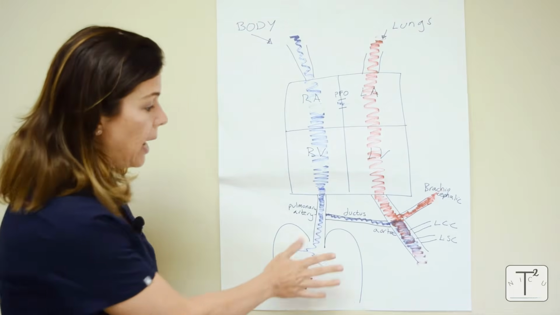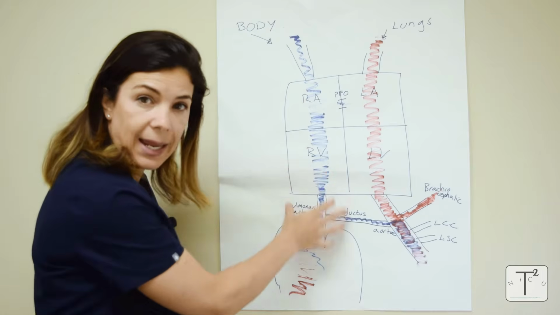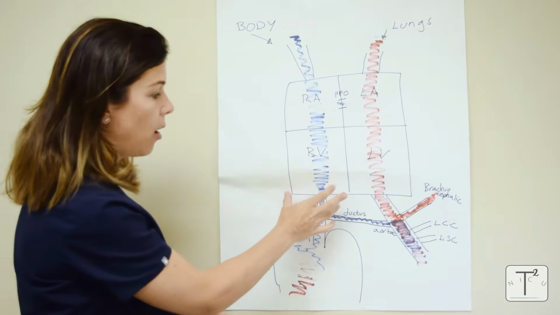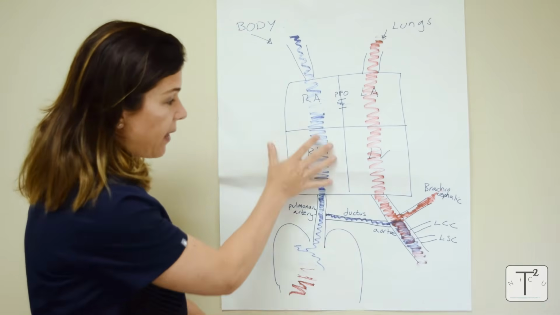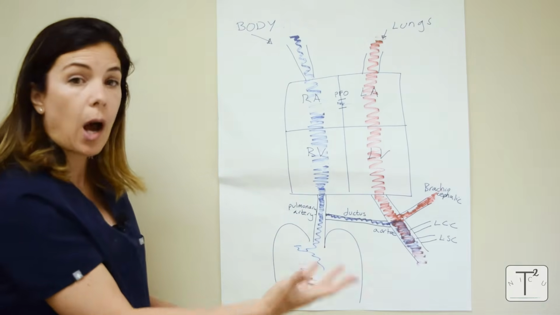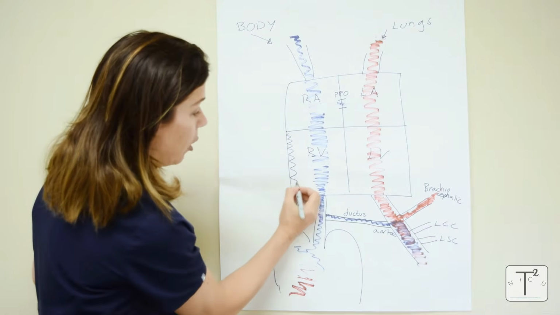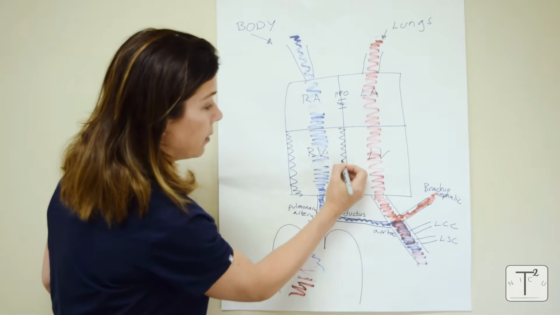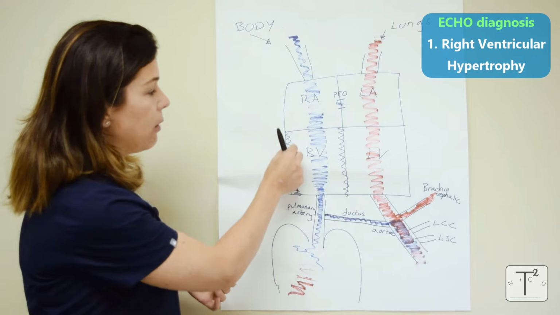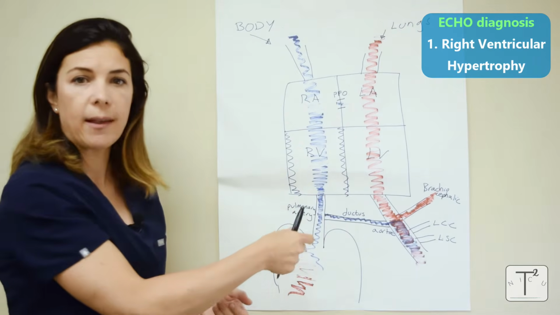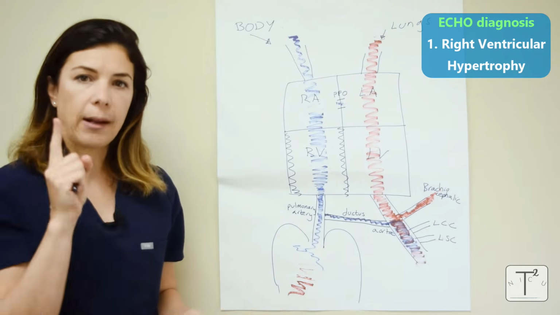So if you have higher pressures in the lungs and the heart has to work against those higher pressures because the right side of the heart is constantly having to pump blood to the lungs, then you can imagine that the walls of the right ventricle, which are a muscle, could get bigger, right? So one of the things that we look for is any right ventricular hypertrophy to suggest that that muscle is working harder to push blood against the lungs. So that's the first one.